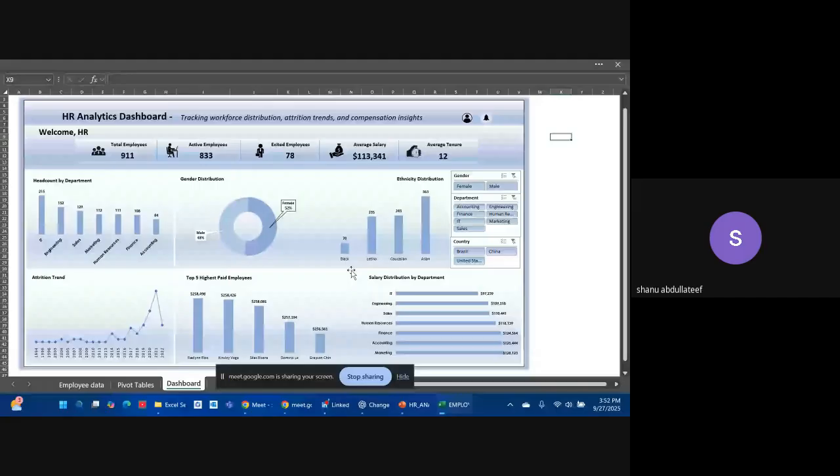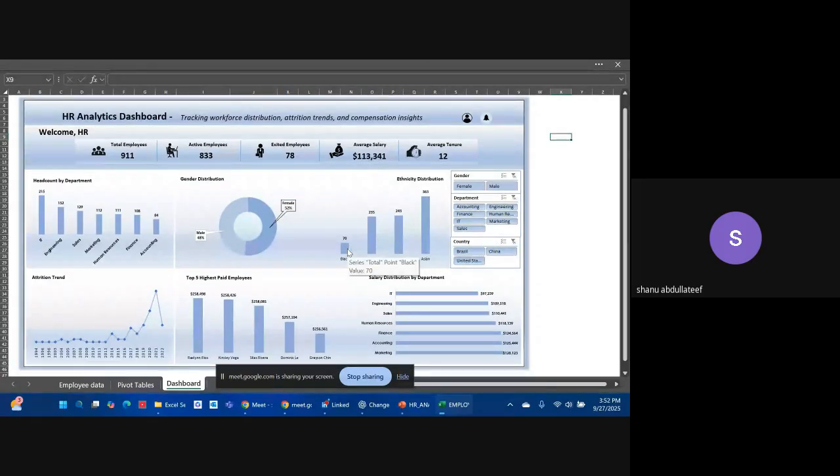If we look at the distribution according to the ethnicity of the employees in the company, we find out that the Asians are the ones taking the largest number. We have a total of 363 employees from the Asian ethnicity group. Then we have the Caucasians and the Latinos following, while the Black employees have the smallest number.